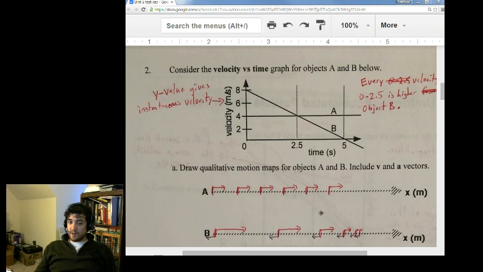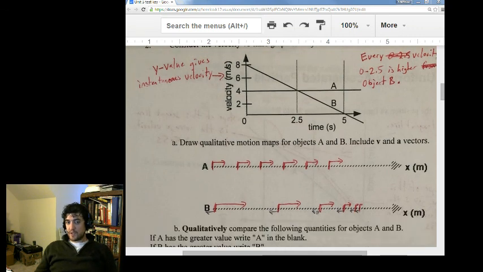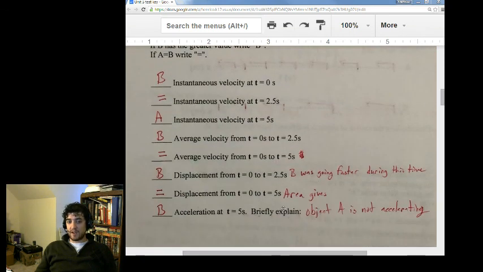There's no length at all. B is pointing to the left, but there is length. So that's why we have to conclude B has a larger acceleration, mostly because A isn't accelerating. Any acceleration is bigger than no acceleration.